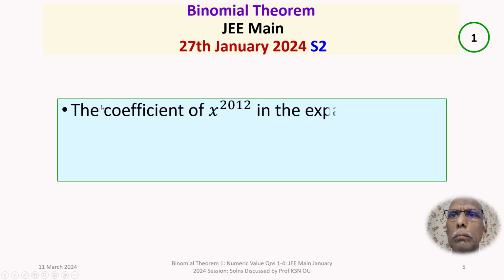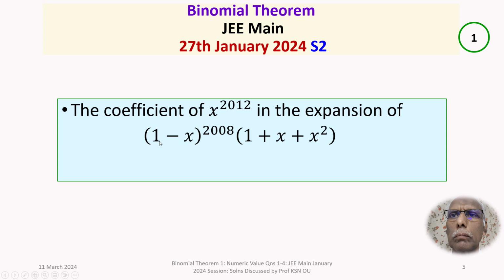The given question is, the coefficient of x to the power of 2012 in the expansion of (1 minus x) to the power of 2008 multiplied by (1 plus x square) to the power of 2007 is equal to. So in this question, we have to find the coefficient of x to the power of 2012 in this expansion.